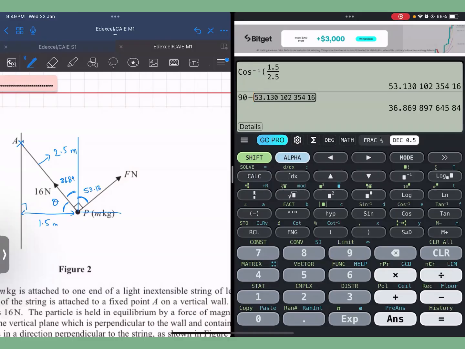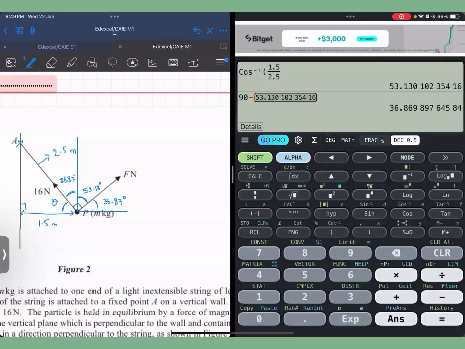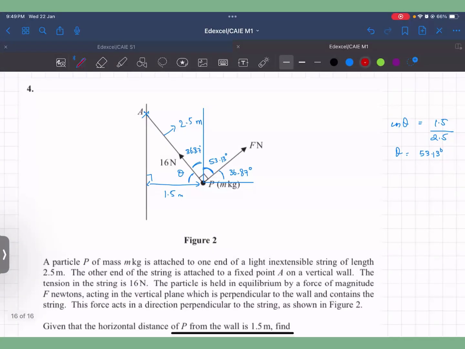And this would again be 36.87. Now you break down into the relevant components. So this one would be F cos 36.87, and this one would be F sin 36.87. This one would be 16 cos 53.13, and this would be 16 sin 53.13.